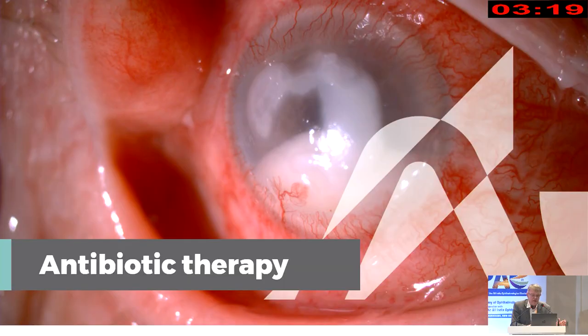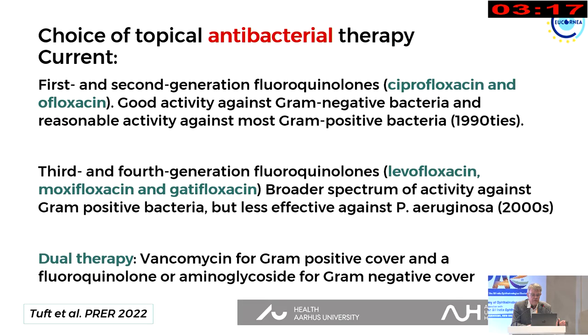What do we do? Well, antibiotic therapy, we have touched upon that. The first and second generation fluoroquinolones, that's ciprofloxacin and ofloxacin, have good activity against gram-negative bacteria and reasonable activity against most gram-positive bacteria. They were used in the 1990s.